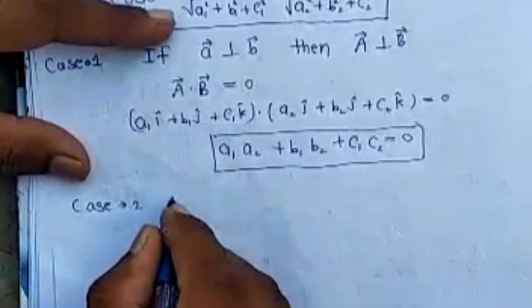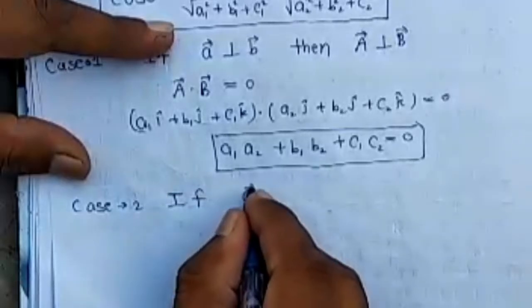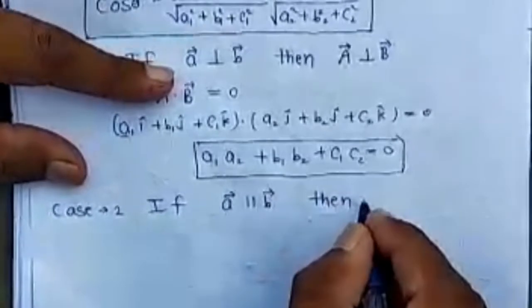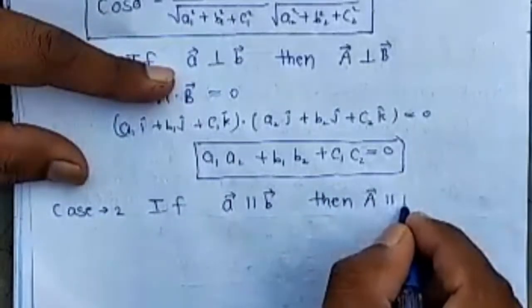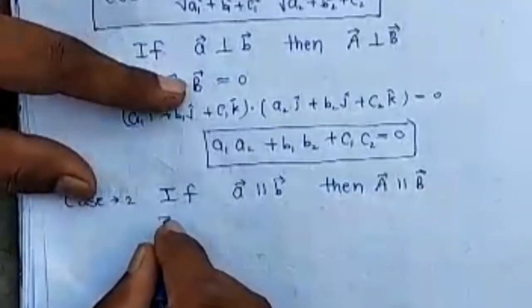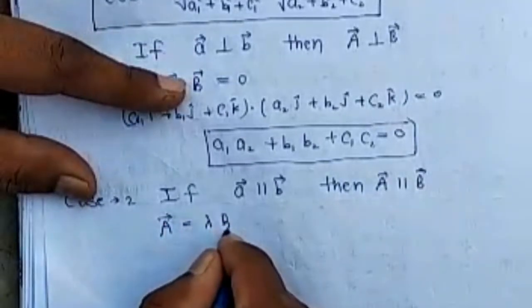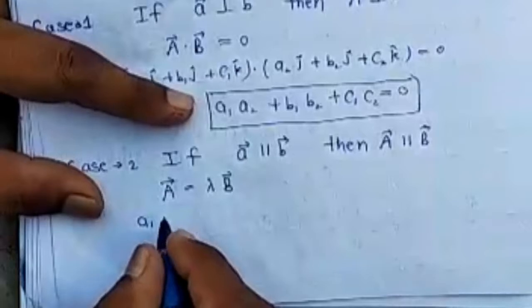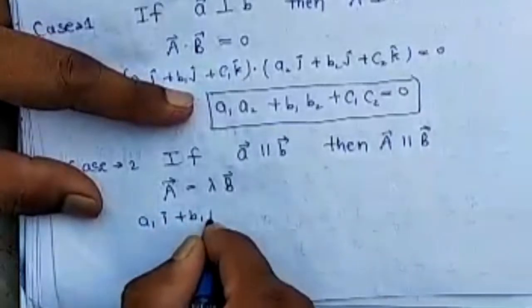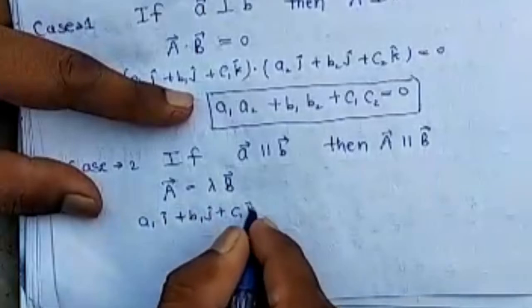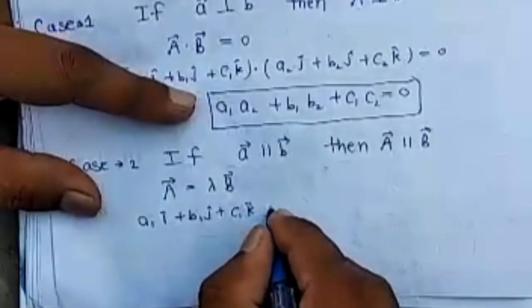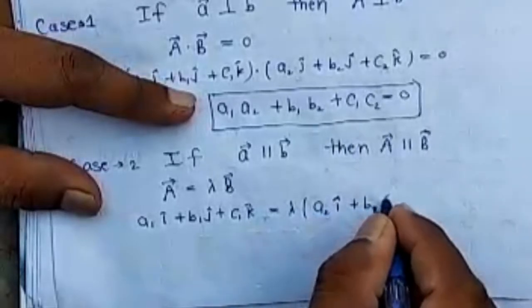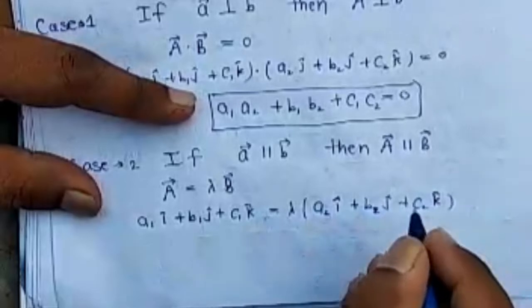Again case 2, if these vectors are parallel, if A vector is parallel to B vector, then capital A vector is also parallel to capital B vector, which gives A vector equals lambda B vector. Then A1 i cap plus B1 j cap plus C1 k cap equals lambda times A2 i cap plus B2 j cap plus C2 k cap.